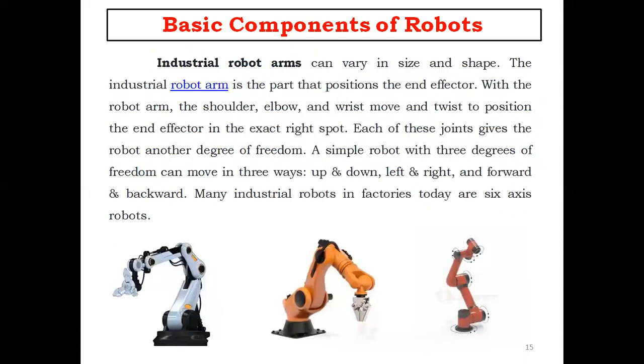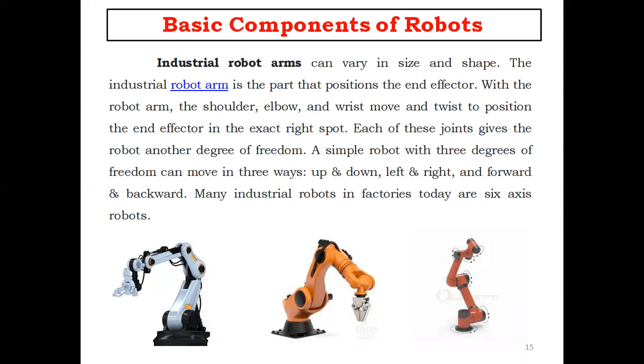Next, when we talk about a robotic arm, it can vary in size and shape. We cannot define a constant size or constant shape, whatever it may be. I have shown the different varieties of industrial robot arms. The industrial robot arm has an end effector.